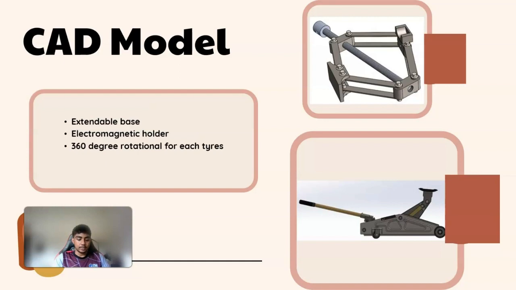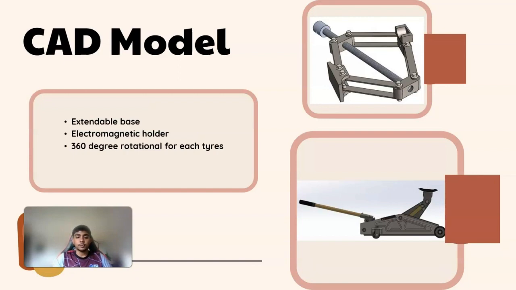Last, the other key factor is that normally in the market, the car jack has a 360-degree rotation wheel for the rear wheels, but for the front it only uses a 180-degree wheel. We noticed that when we use 180 degrees, the worker has difficulty adjusting the car jack.